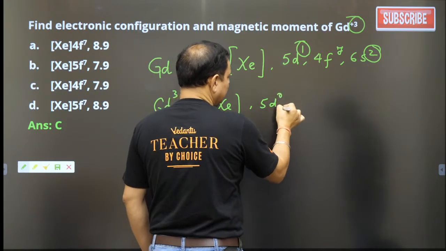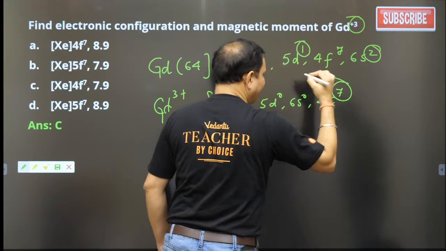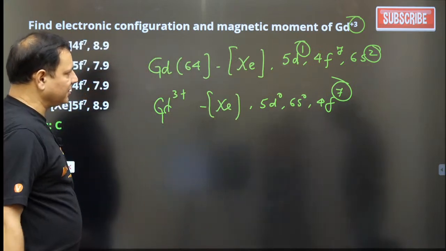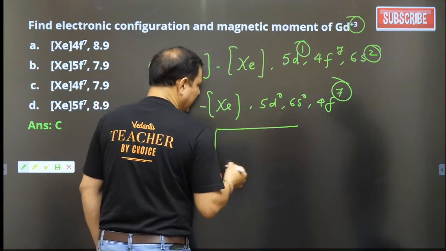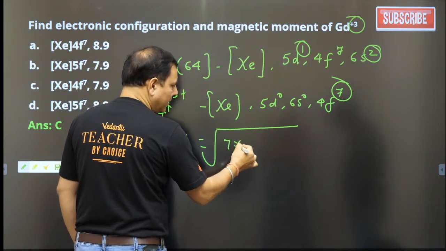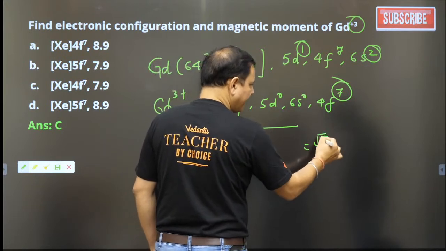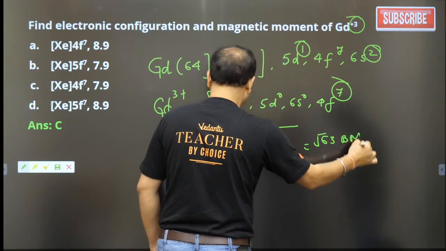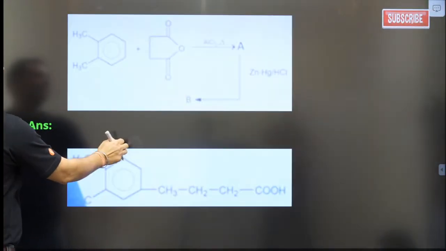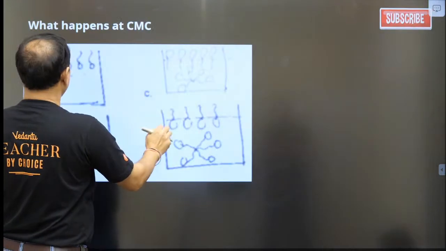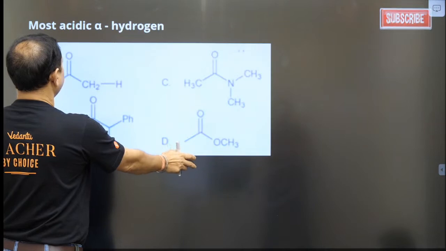So the gadolinium 3 plus ion will have the configuration xenon 5d0, 6s0, and 4f7, with 7 unpaired electrons, as all the electrons are unpaired. So the spin-only magnetic moment will be the square root of n into n plus 2, so 7 into 9, that is root 63 BM. This will be the answer.